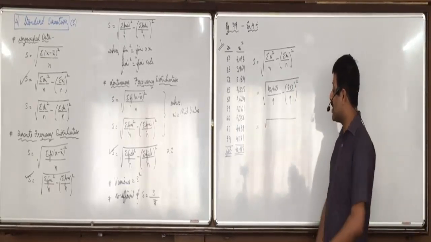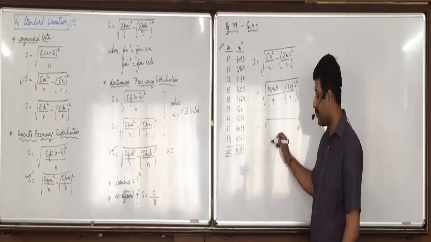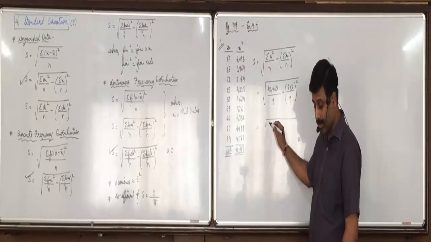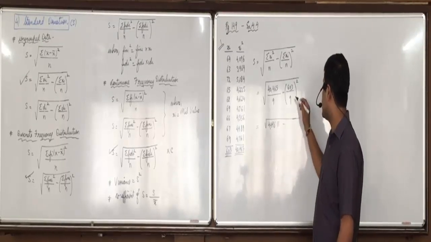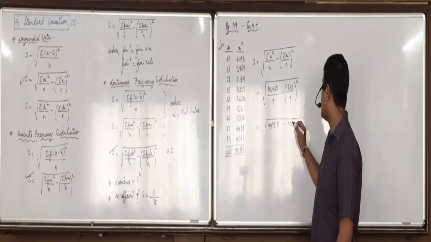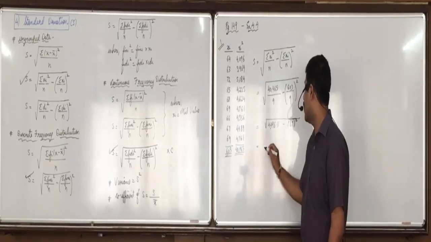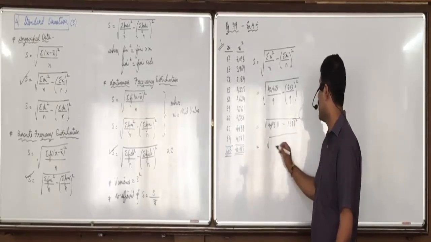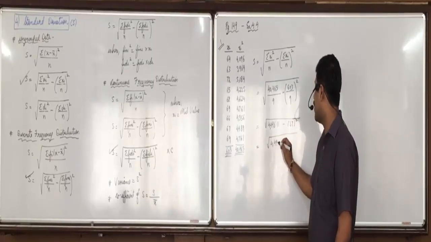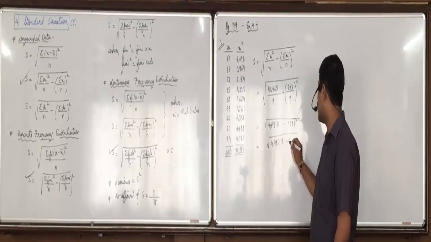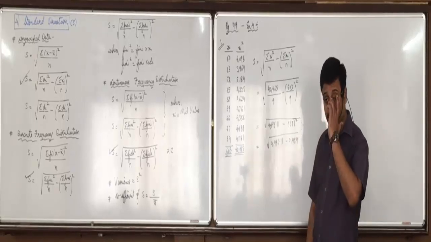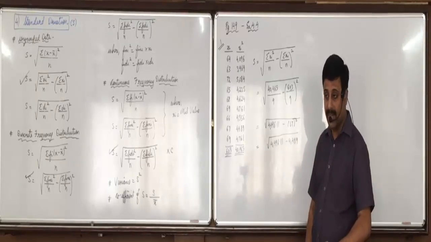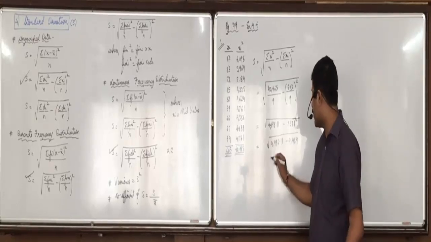Now 40465 divided by 9 is 4496.11, minus 603 divided by 9, that is 67, whole square. 4496.11 minus 4489. 67 square, how will you do? 67 into equals to.